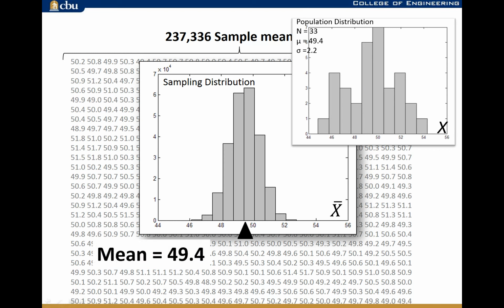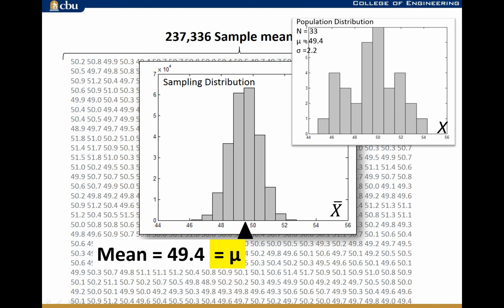So we know the mean is 49.4. Okay, and this mean is equal to the mean of the population distribution, which is equal to mu.